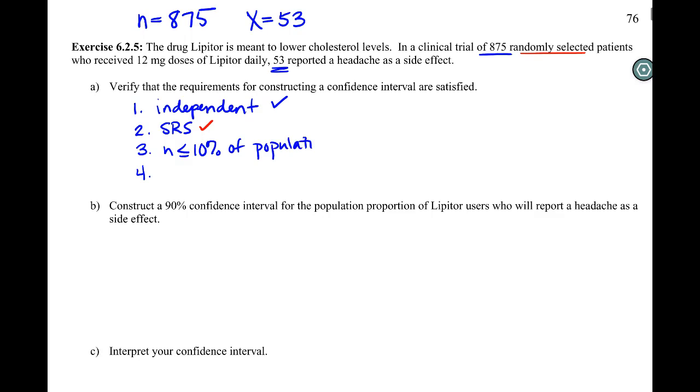This was our need, so that if we were doing sampling without replacement, we are not going to have any issues with needing to think about how our probabilities have changed. It's small enough that we can kind of ignore that. So in this case, we know our N is 875. And the question is, is this less than 10% of the overall population of Lipitor users?